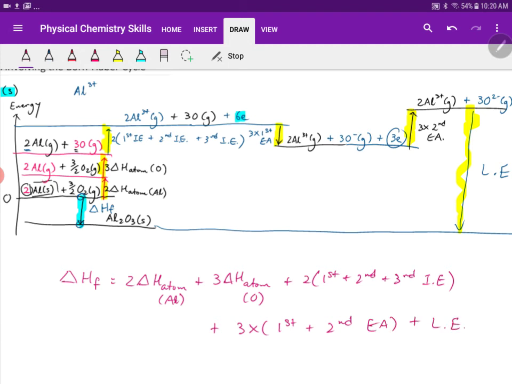And so using this stepwise process, we will be able to get to our answer.